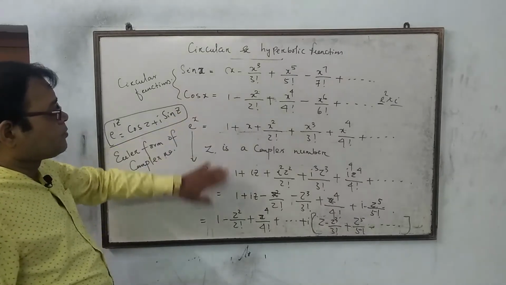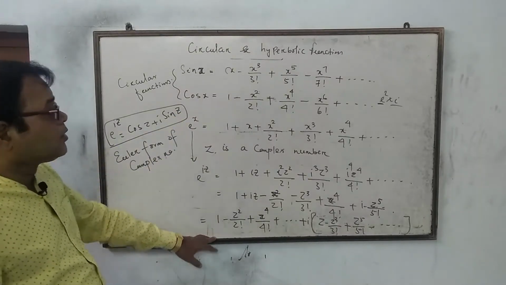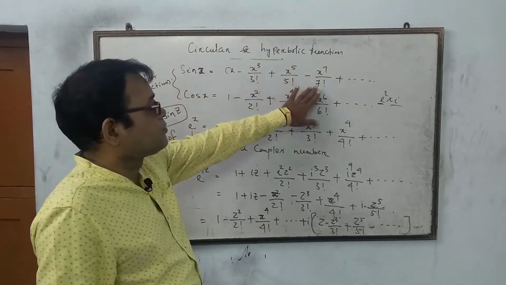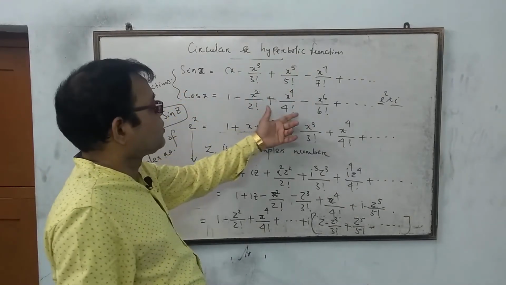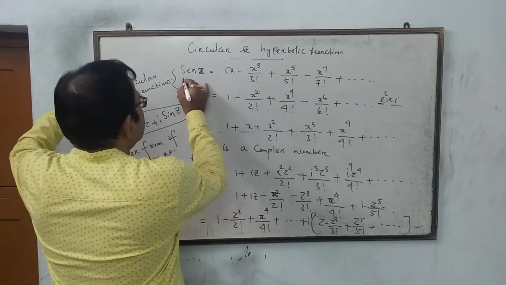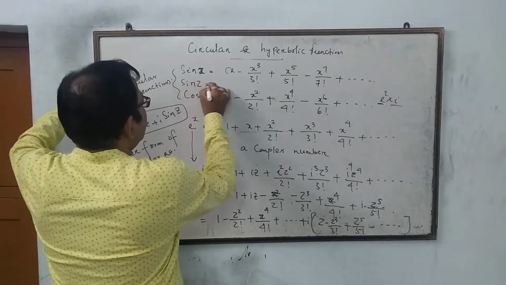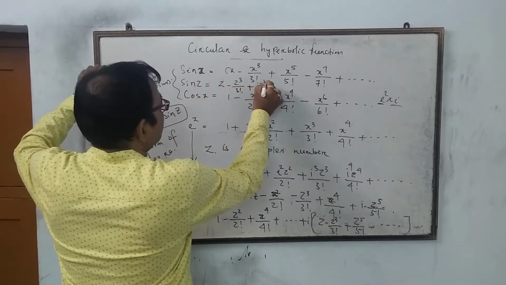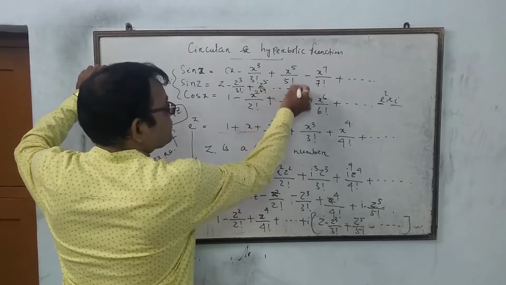Is it clear to everybody? Again, we have taken sin x is equal to this one, cos x is equal to this one. We can replace x also with z. Then sin z is equal to z minus z cube by 3 factorial plus z to the power 5 by 5 factorial in this way.